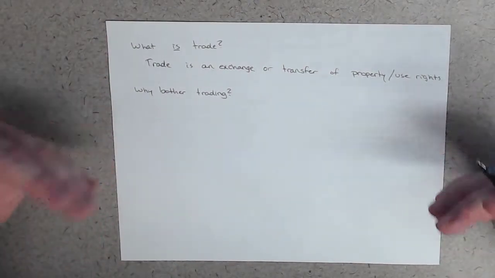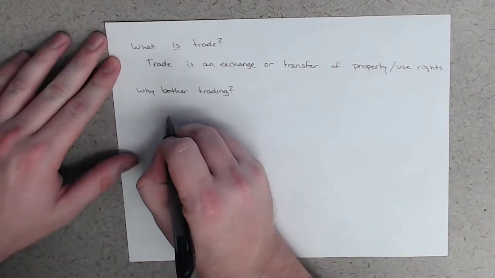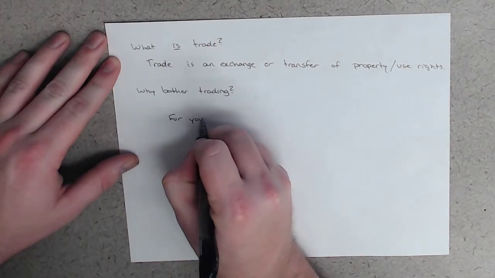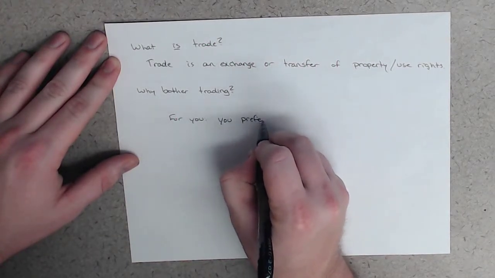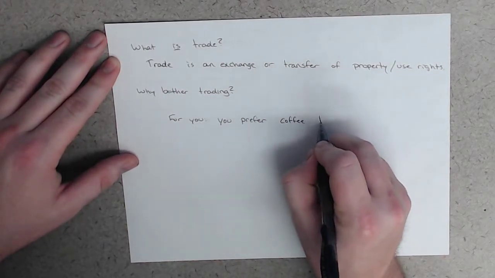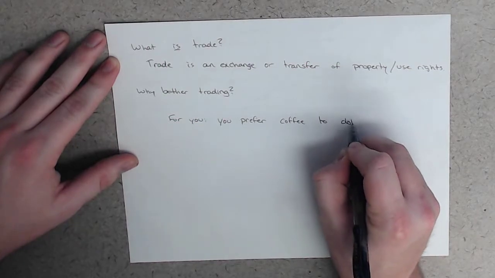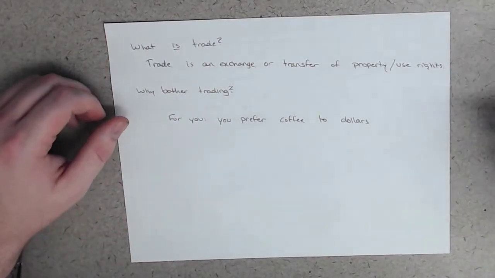You would rather have the coffee than the dollars, okay? And so for you, you prefer, for example, coffee to dollars. In other words, you'd rather have the coffee than have the dollars.